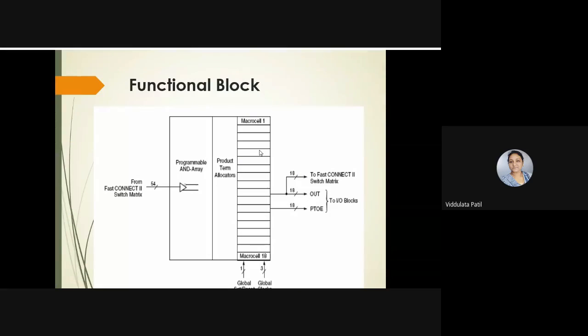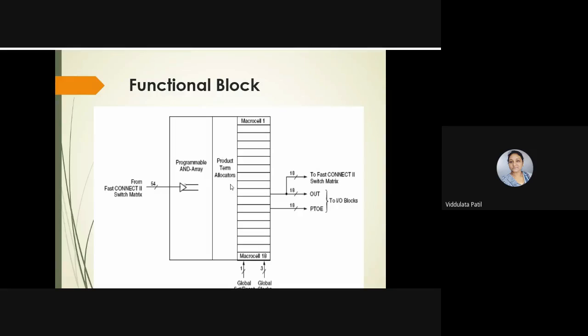Then if we are considering what is there in a functional block, this is the functional block of a CPLD, which has a programmable AND array, and the input to this AND array is from the fast connect switch matrix. It is a 54-pin fast connect switch matrix for XC9500, and the output of this AND array will produce certain product terms.